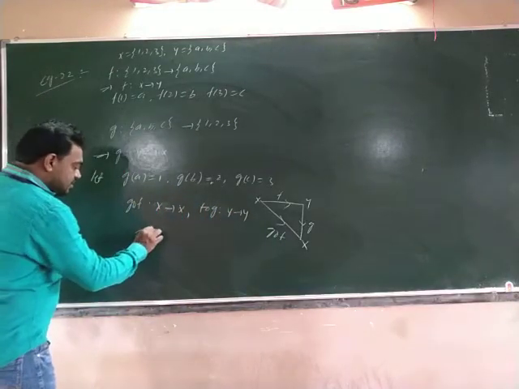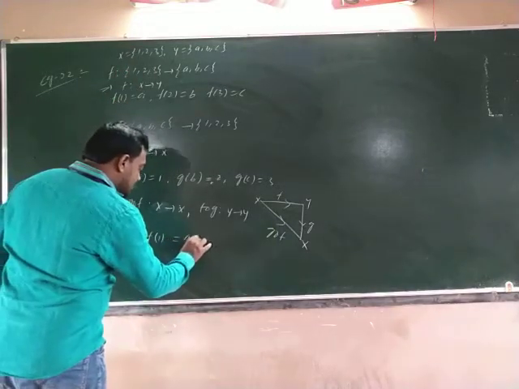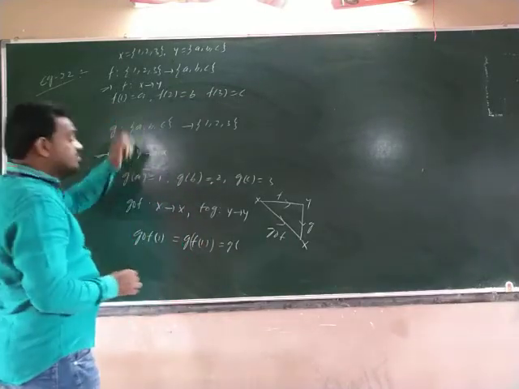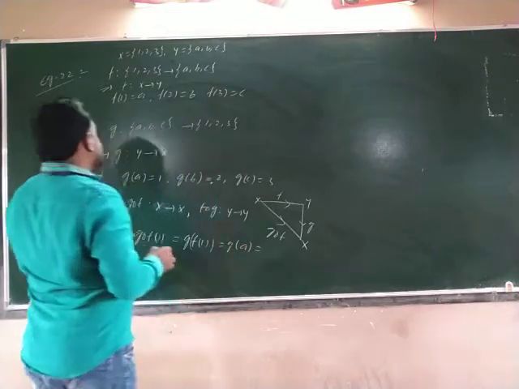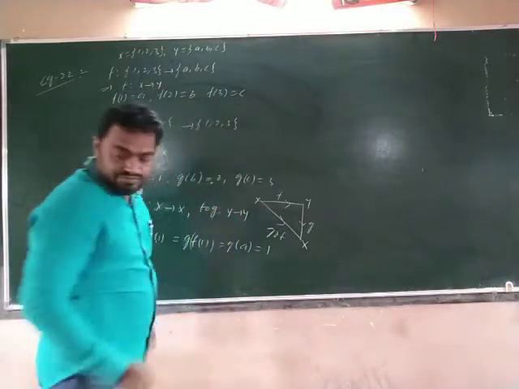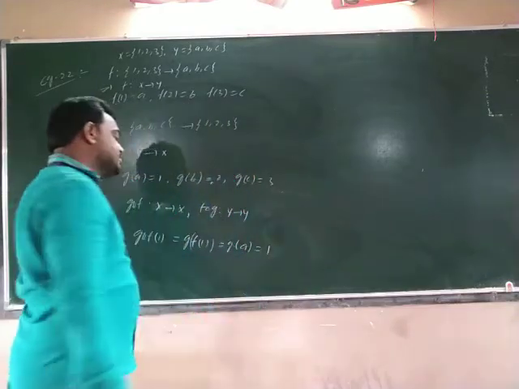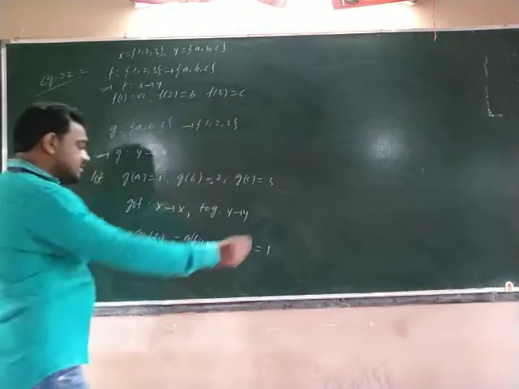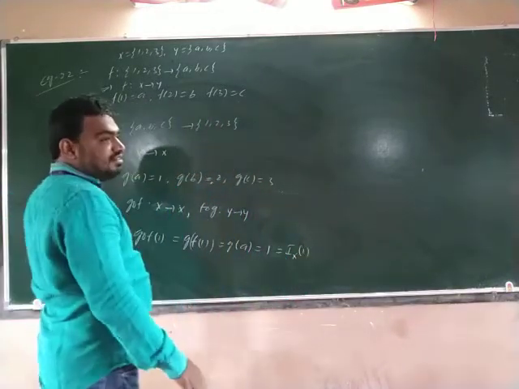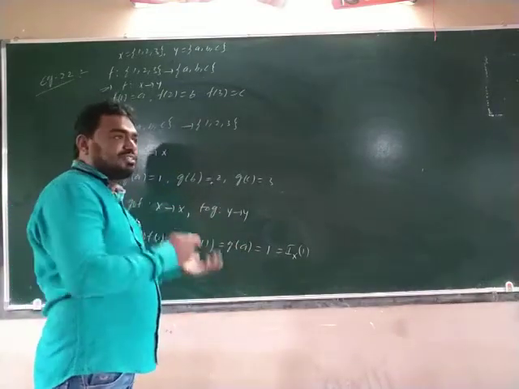Now g circle f of the elements of x, 1, 2, 3. First, g of f of 1. f of 1 is a, so g of a is equal to 1, which we can easily write as ix of 1, because the identity function maps every element to itself. ix of x is equal to x.